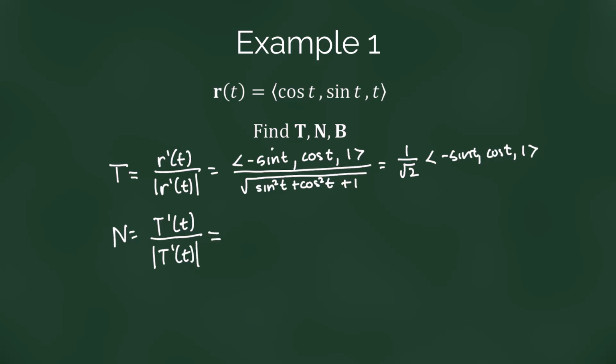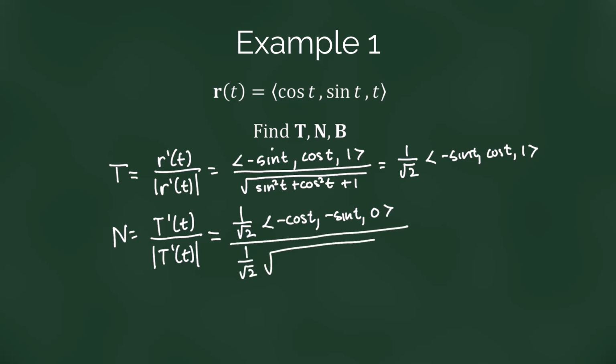Taking the derivative, we get 1 over the square root of 2 times the vector negative cosine of t, negative sine of t, 0, divided by the magnitude of that, which is 1 over the square root of 2 times the square root of cosine squared of t plus sine squared of t, which is 1. So we end up with the vector negative cosine of t, negative sine of t, 0.